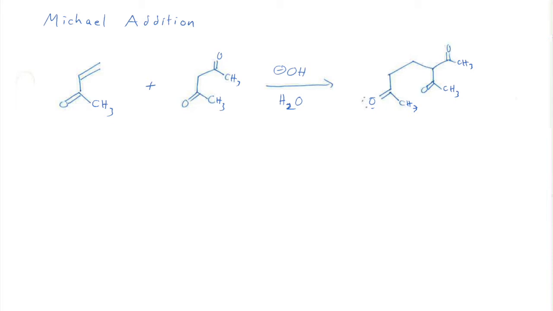Well, all we're going to do is take that same concept that we talked about before in our last unit, the fact that alpha-beta unsaturated carbonyls are electrophilic at two sites. And if you recall, we had to look at what kind of carbonyl it was and what the nucleophile was to figure out whether it was going to do a direct attack or a conjugate attack.